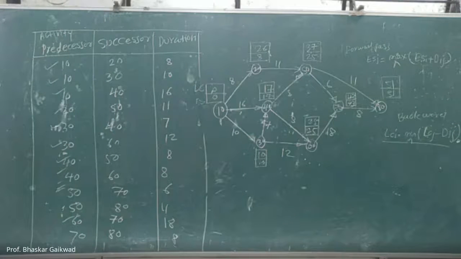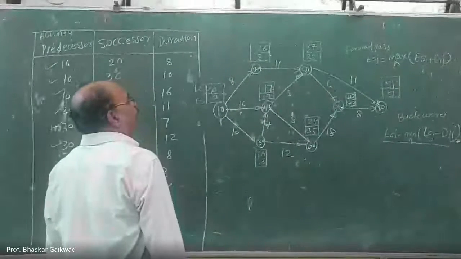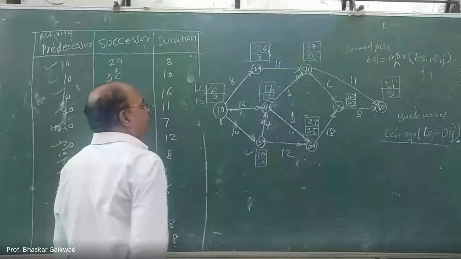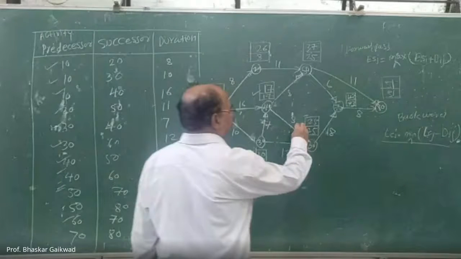So here the equal value is this one, after that this one, after that this one, after that this one, and so you can mark the line. This is your critical path.